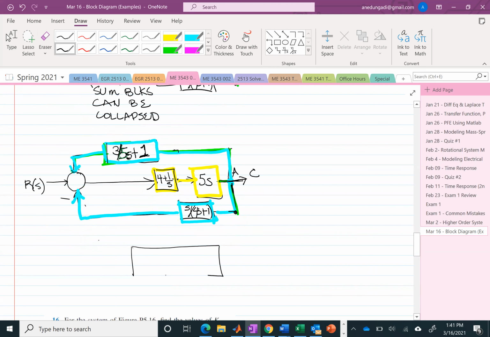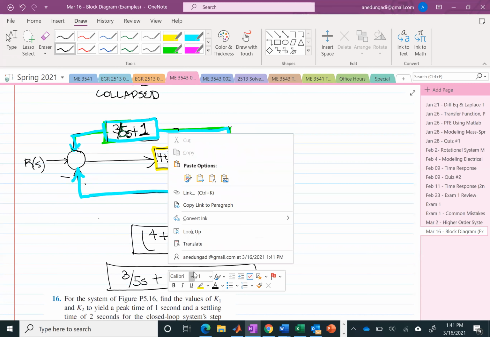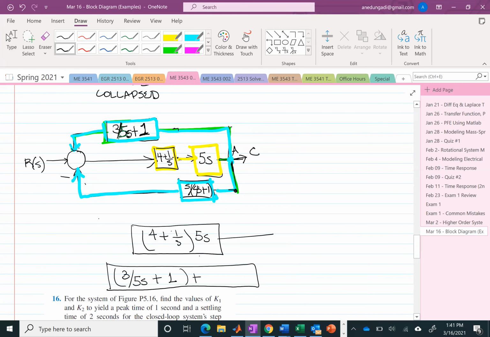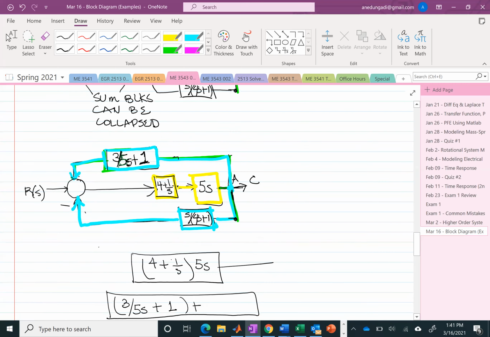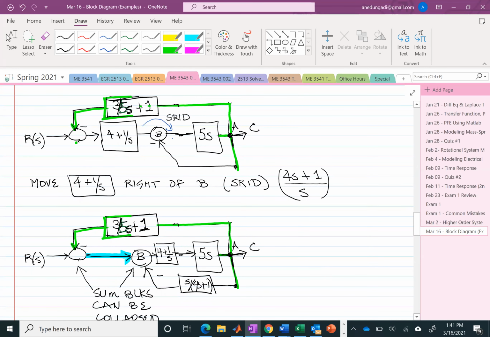So we have 4 plus 1 over s multiplied by 5s, and we have 3 over 5s plus 1, sorry, plus, what is this? S over, how did we get this?